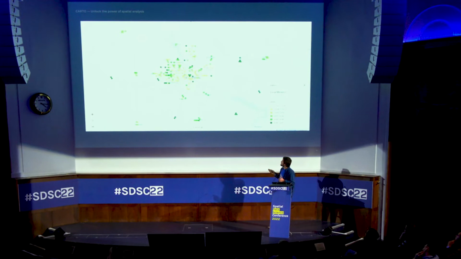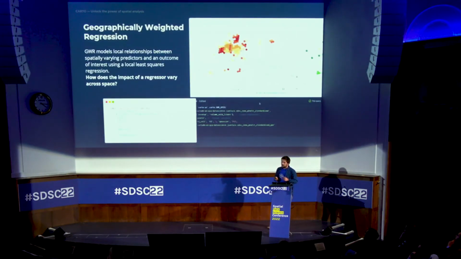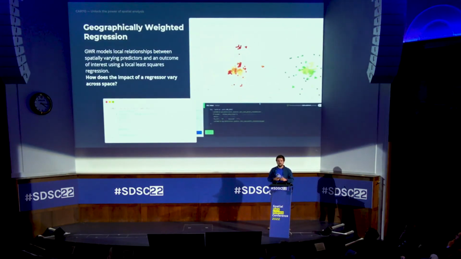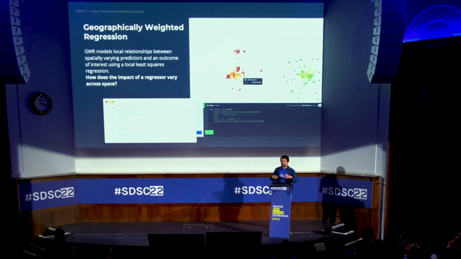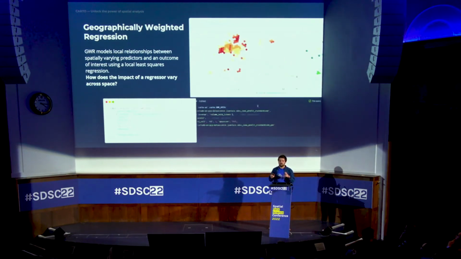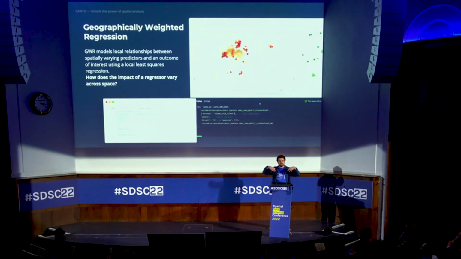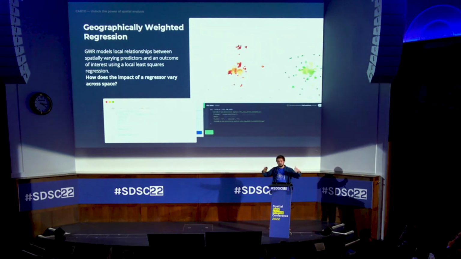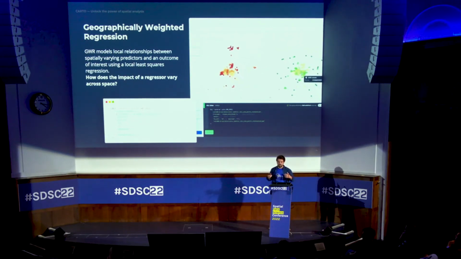Then, geographically weighted regression. This is a statistical modeling method which fits a least squares regression locally at each cell, taking into account the data from that cell and cells which are nearby. You define a distance, a number of neighbor cells you want to take into account, and a decay function.